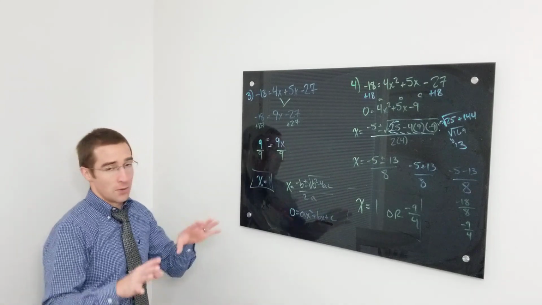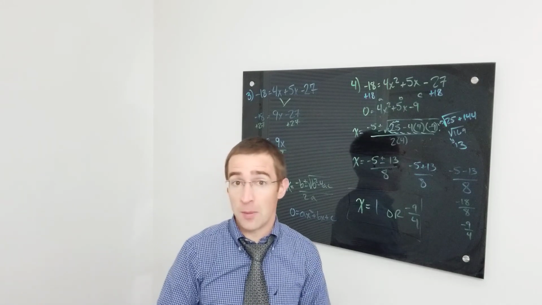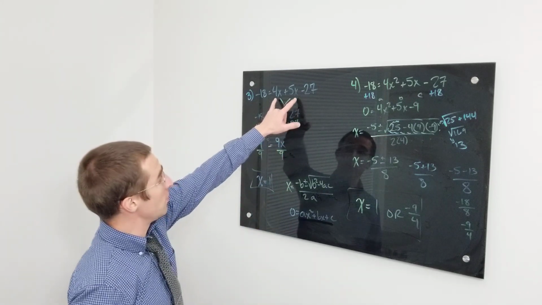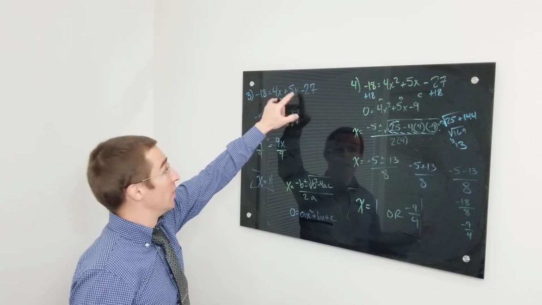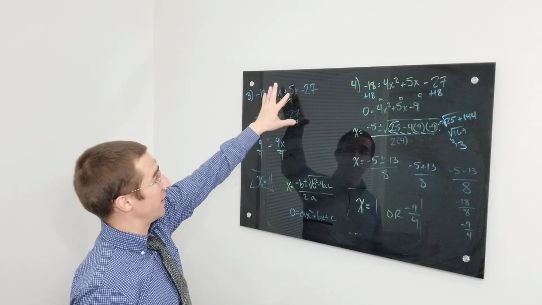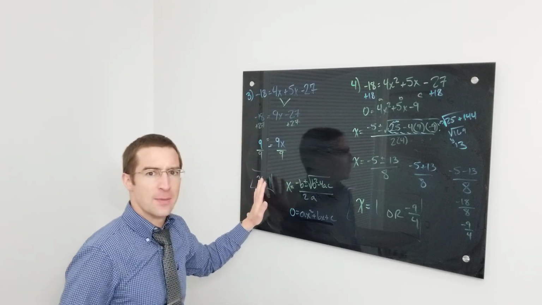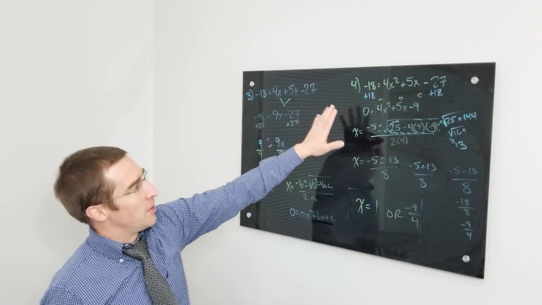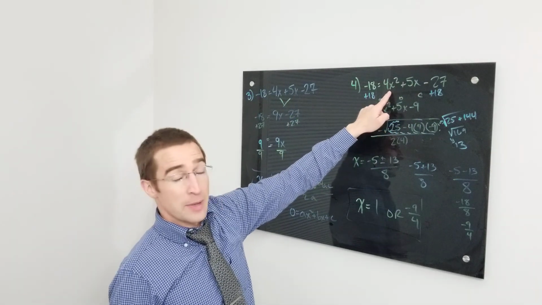Okay, so go back to the original learning target here. How do we identify how to solve each problem? We looked at this one and said, hey, both of those x's are regular x's. They're linear. Regular x, I can combine like terms and solve like we did in semester 1. Looking at problem 4, we had a 4x squared and a 5x. Those are different. The x squared makes it quadratic.